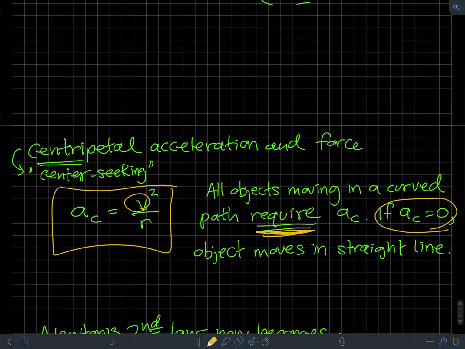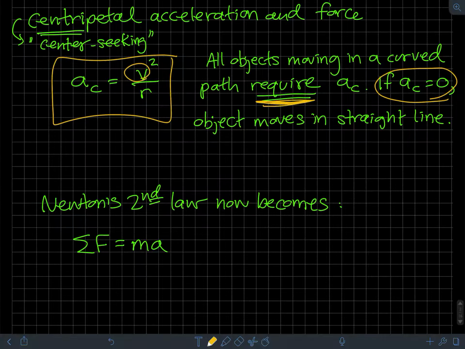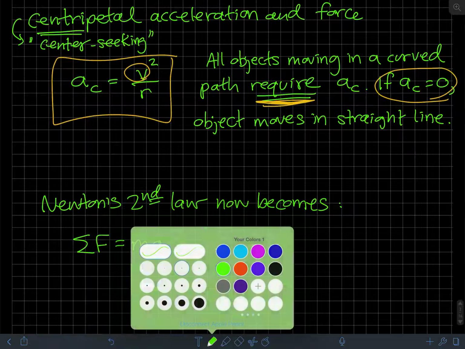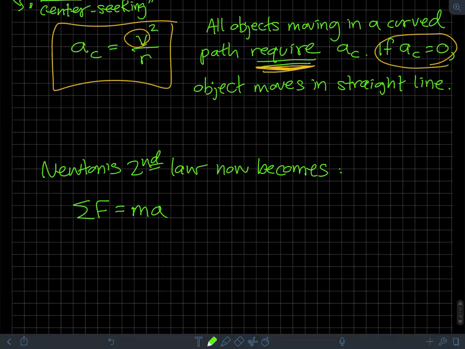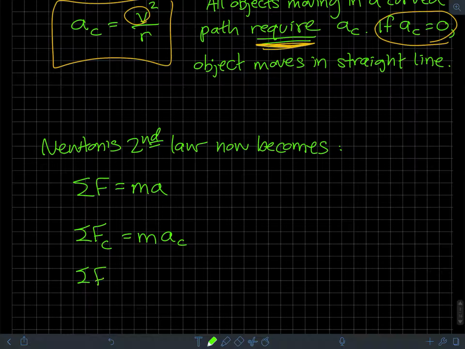And if we go down to Newton's second law, we're used to Newton's second law being that the sum of the forces equals the mass times acceleration. Well, now we're going to say the sum of the forces in the centripetal direction is m times the centripetal acceleration. We know what the centripetal acceleration is, we have it up here at the top of this page.